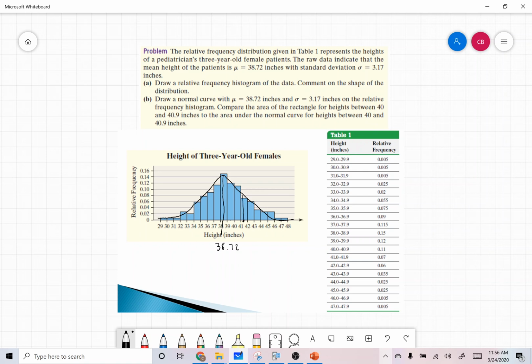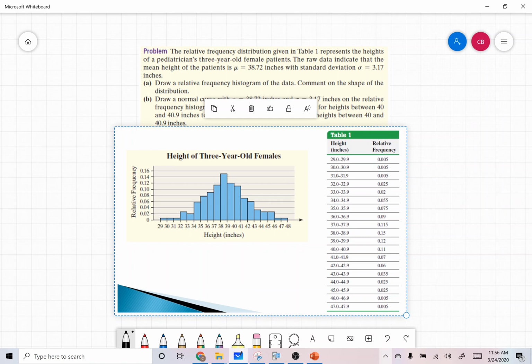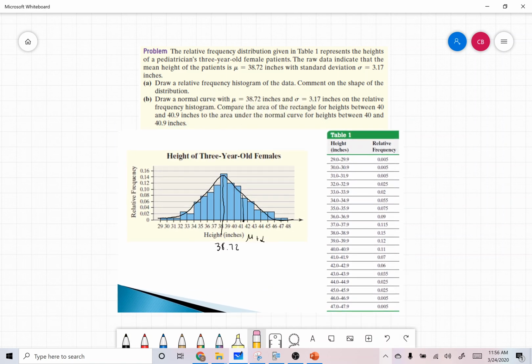Okay, here is this. This is the mean plus sigma. Oops, I drew alpha. That's the mean plus sigma.